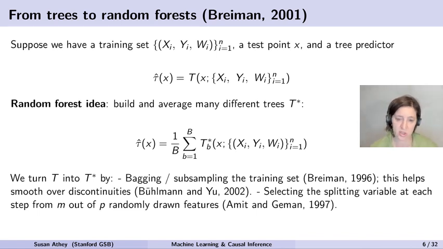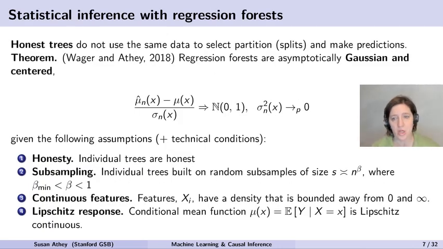And that's going to make each of our trees honest. And if we average up a bunch of honest trees, we'll get unbiased estimates. So honest trees don't use the same data to select the partition and make predictions. So what we're going to do is build forests out of those kinds of honest trees.